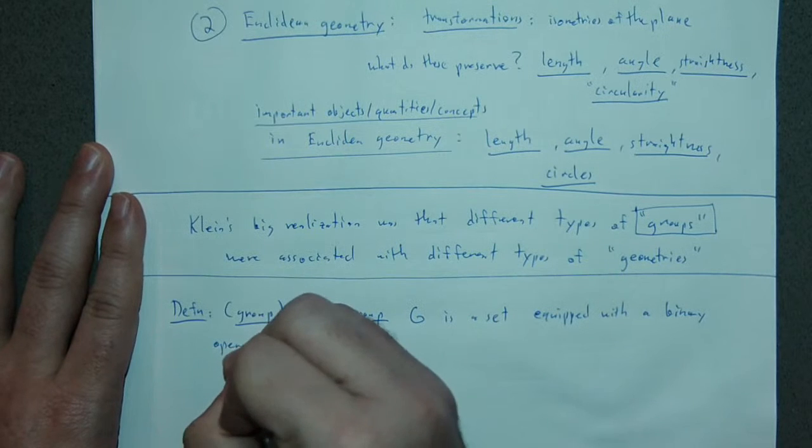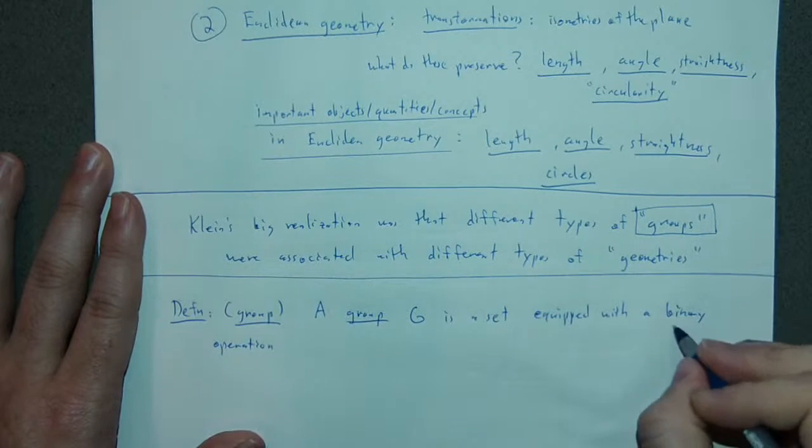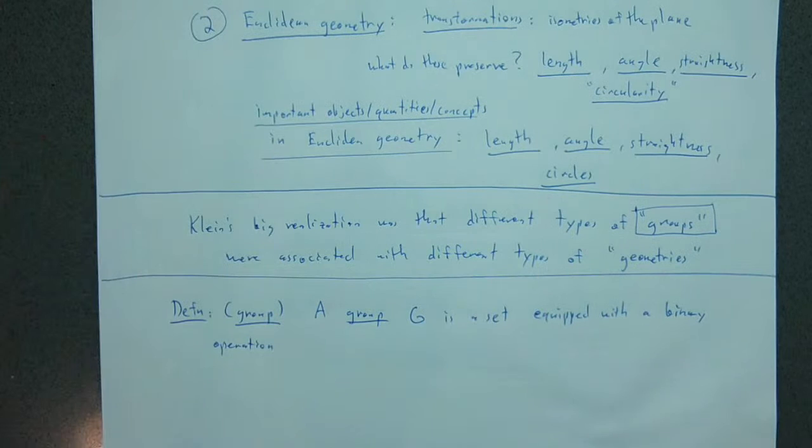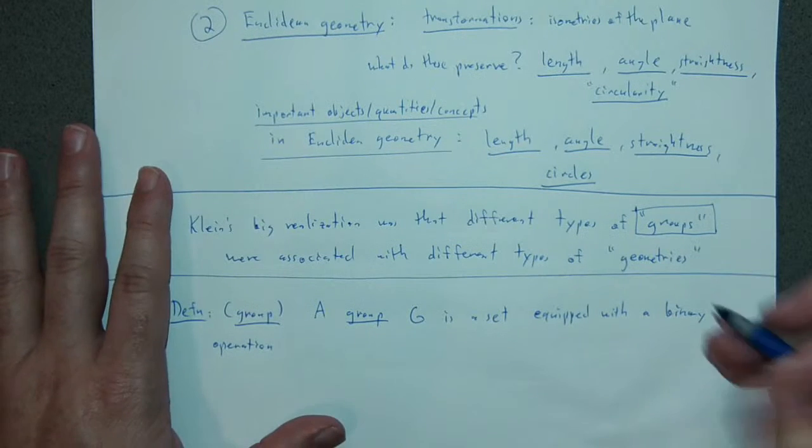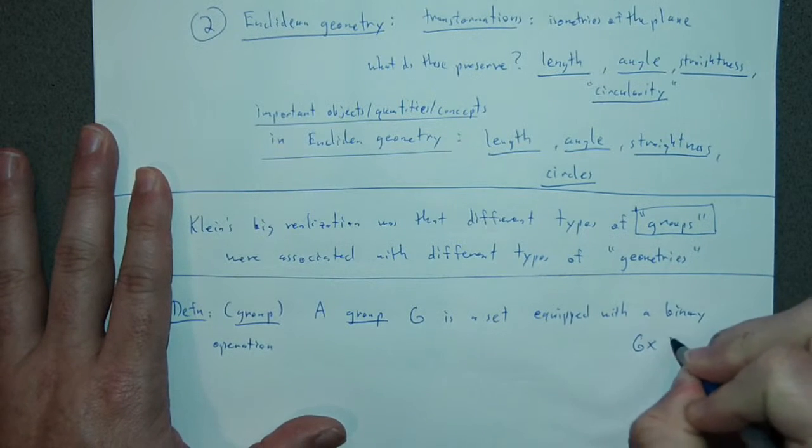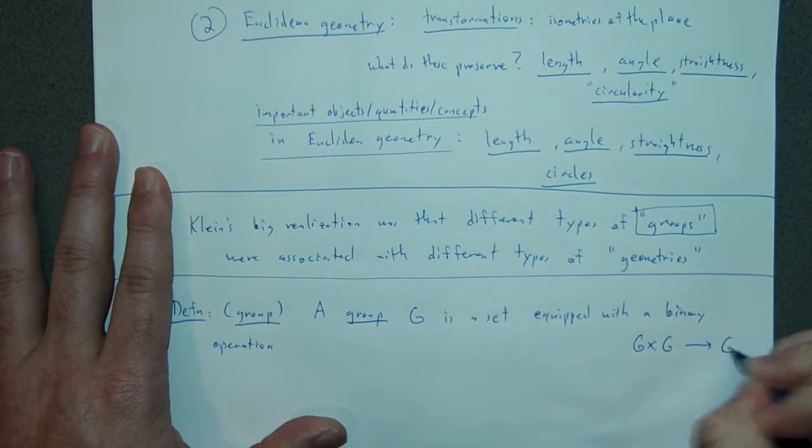What is a binary operation? So that I don't spiral into giving you a million definitions, a binary operation is just an operation defined on a set G, in this case G cross itself, that is closed, that maps to G. So a binary operation is defined on G cross G to G.